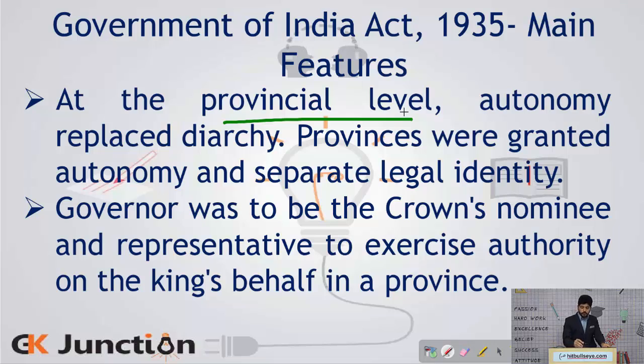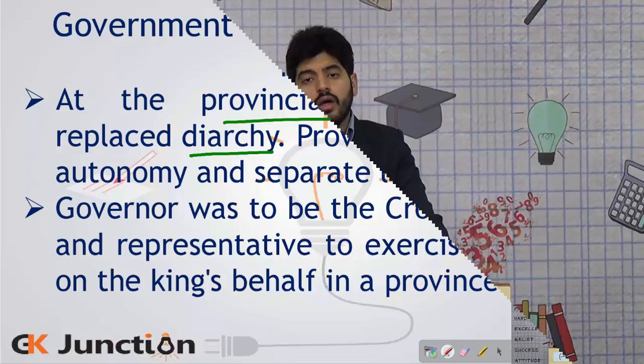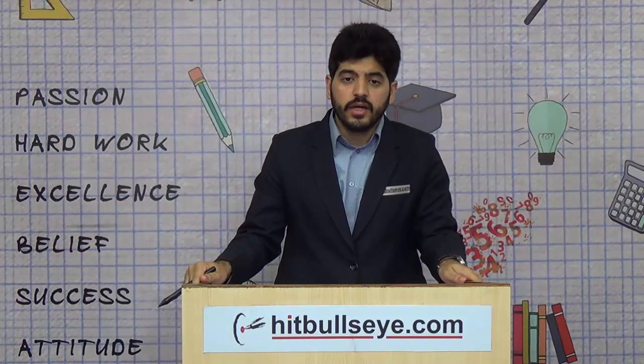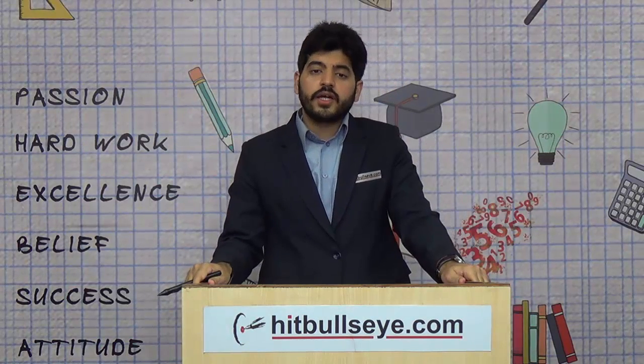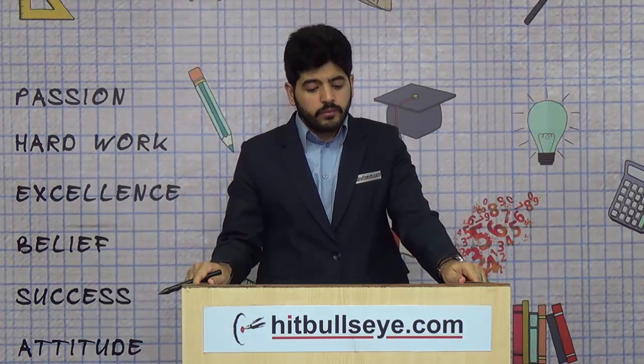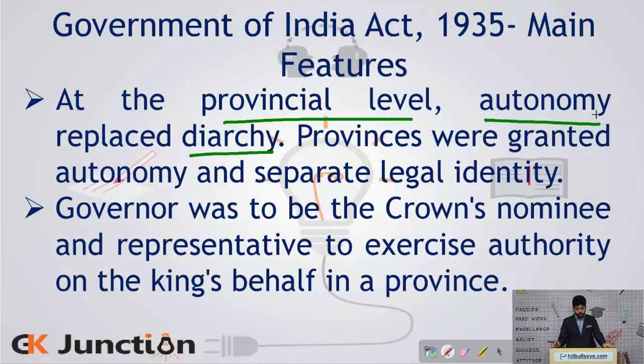Now talking about the provincial level. Earlier there was diarchy. Now there would be autonomy, autonomy in those subjects which were to be given to the states. That means certain subjects would now be administered by the states to the full extent.